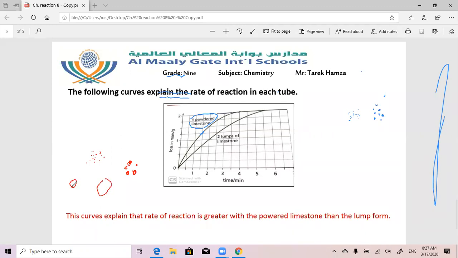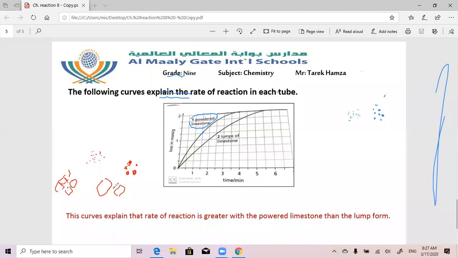This eraser has a large surface, and this eraser has a small surface. This 1 kilo and this 1 kilo, but one kilo consists of five particles, while this kilo consists of 2 particles.